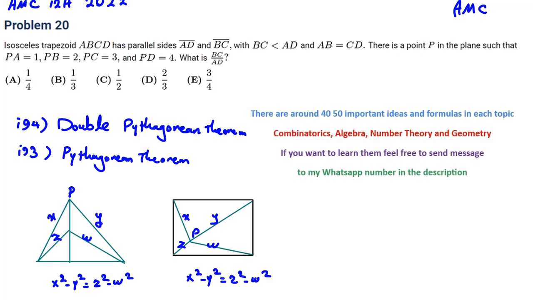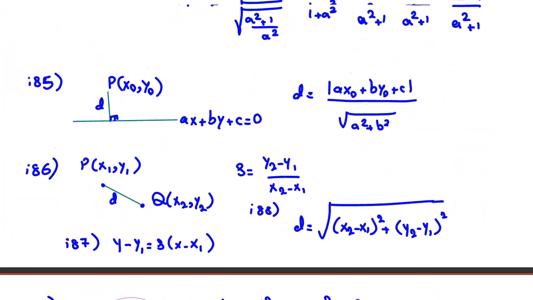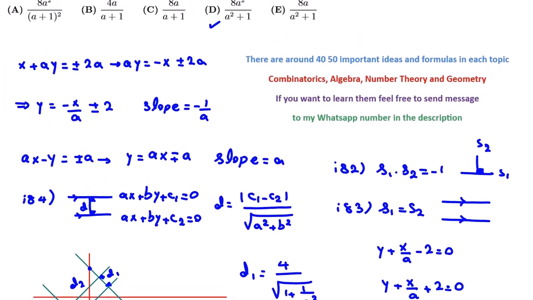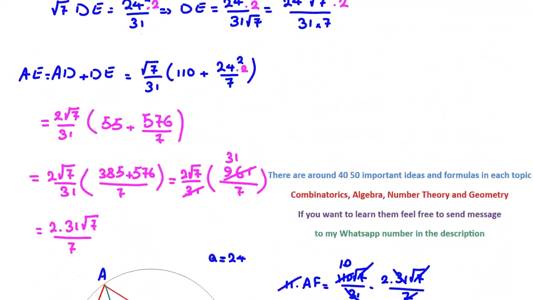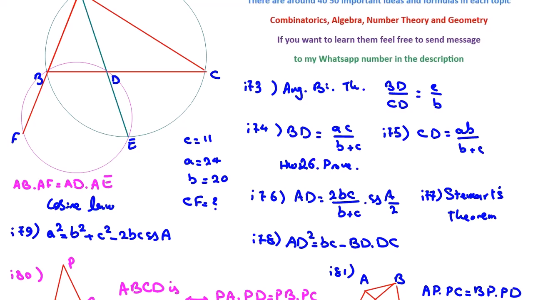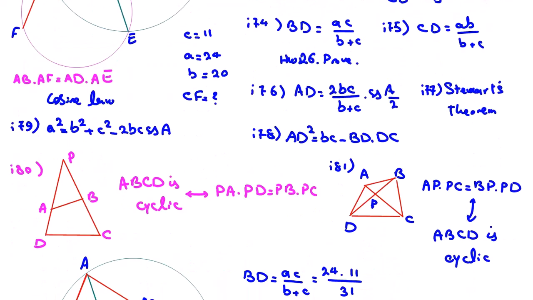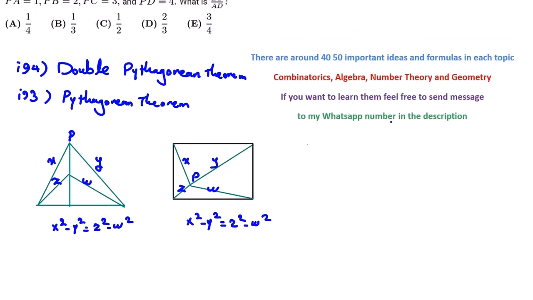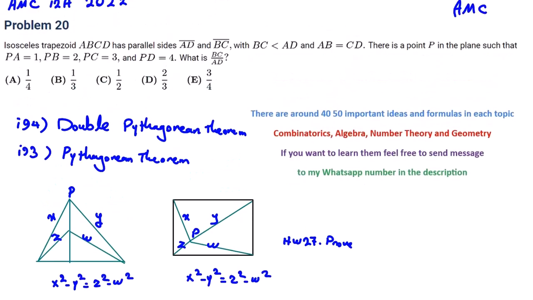You can prove it as homework. Homework 26. Okay, homework 27. It's easy. Homework 27, prove by Pythagorean theorem. You can easily prove this. Now use double Pythagorean theorem to solve the problem.